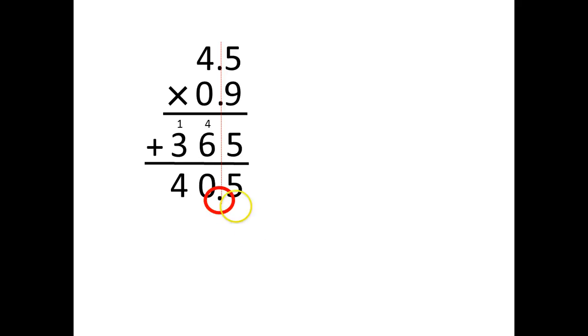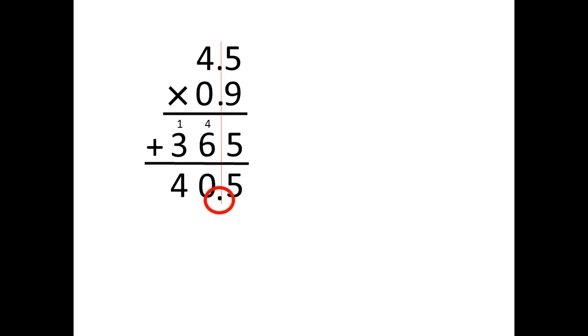So the position of the decimal point in the answer was lined up with the position in the number sentence. Now, do we have to do that when it's a multiplication question? Well, the answer is no, we don't.